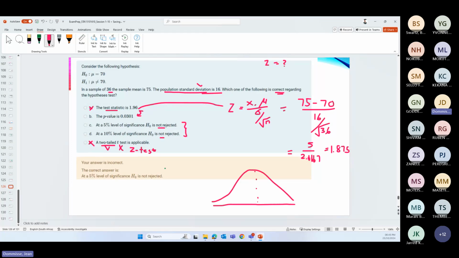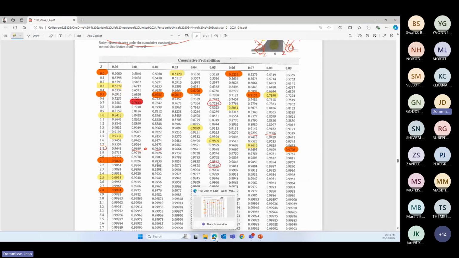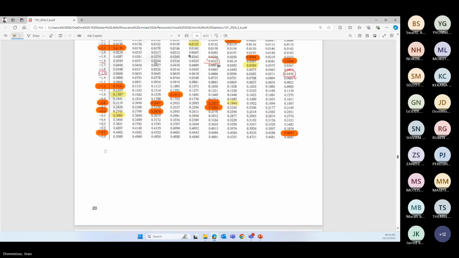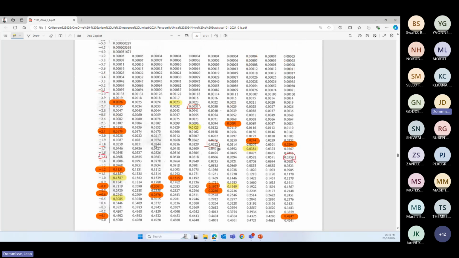Okay, so let's see then if we have 1,875, what is this value? So again, I will go to the negative table to get that small area. 1,875, 1,8.